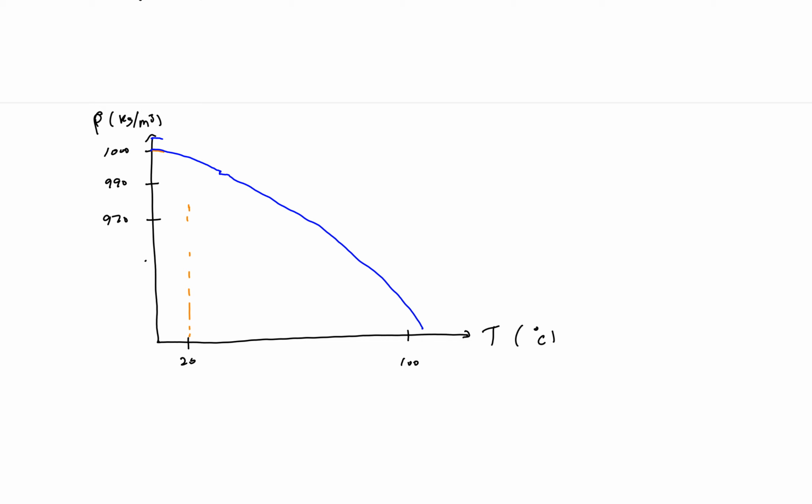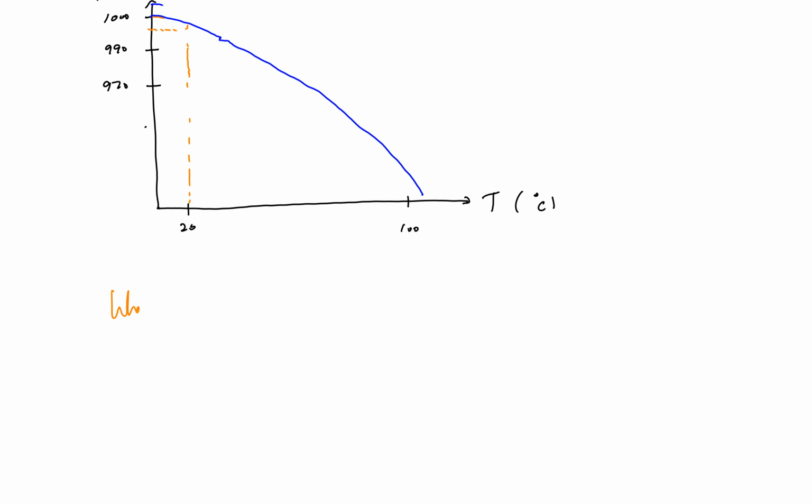And so when I go up, I can estimate this. It'll be right about there. So let's estimate when T equals 20, rho is about 997 kilograms per meter cubed.